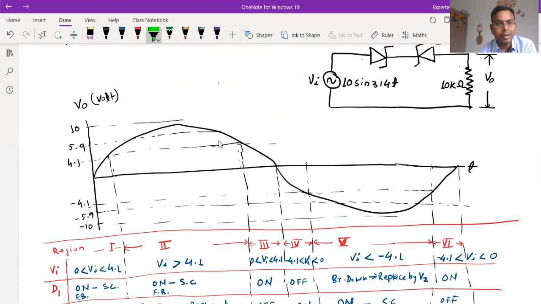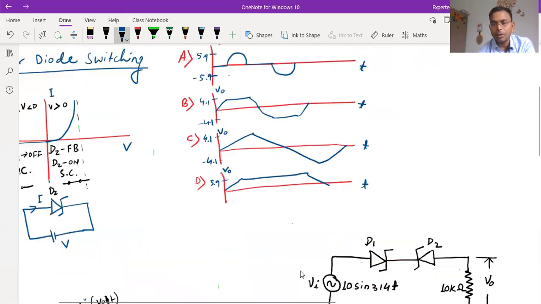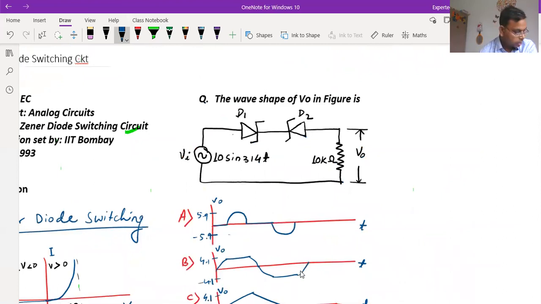The input voltage is sinusoidally varying from plus 10 to minus 10, and these two values are also given, 4.1 and 4.1.